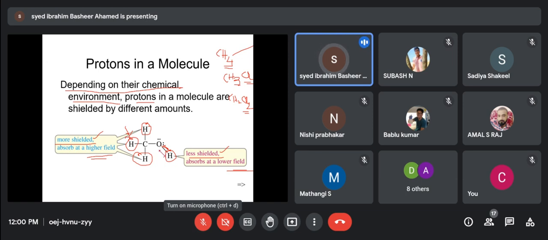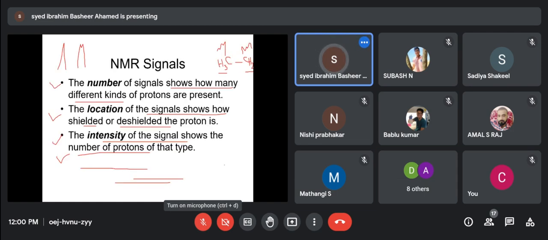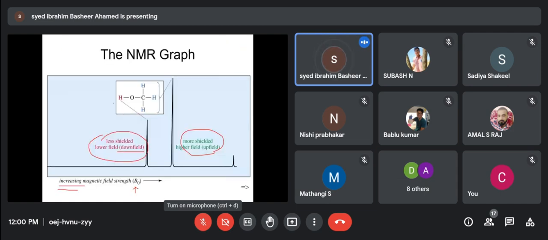Whereas in oxygen, the electron of hydrogen will be pulled towards oxygen. As a result, it will show no shielding effect. Okay, it is less shielded. This proton is less shielded. So less shielded appears at lower field. So here the less shielded proton appears downfield or lower field.